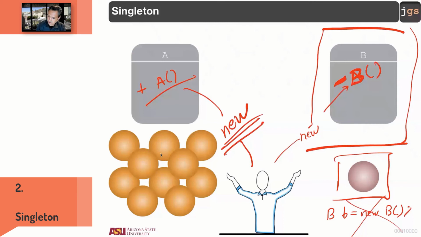Zero objects. No one can create objects outside of the class because the constructor is private. Okay, that is fine. At least we are not going to have these several objects. The problem is now we have 0 and we are looking for 1.